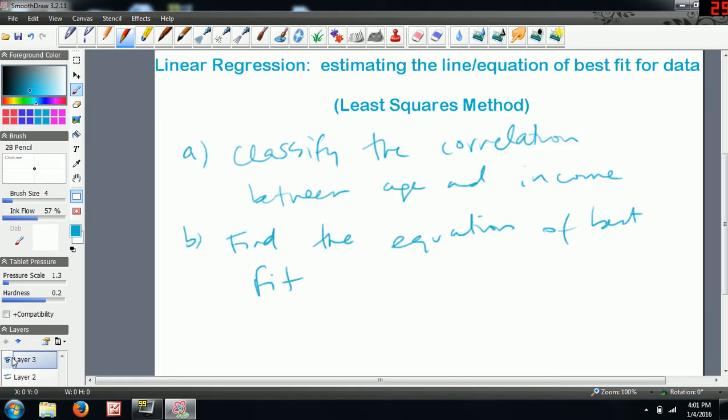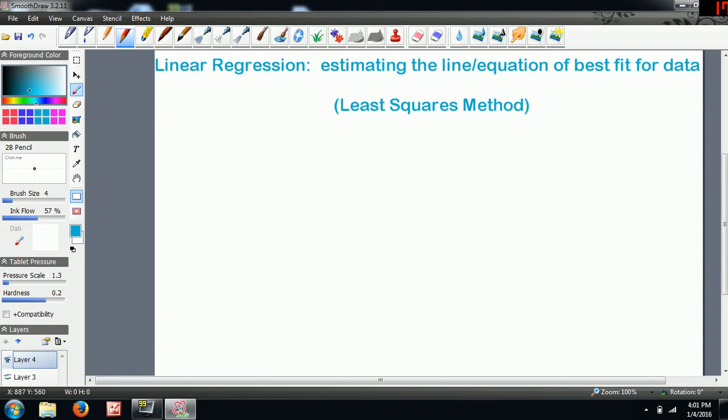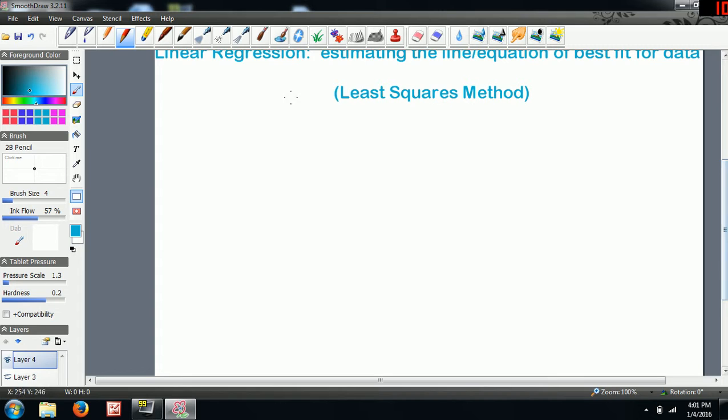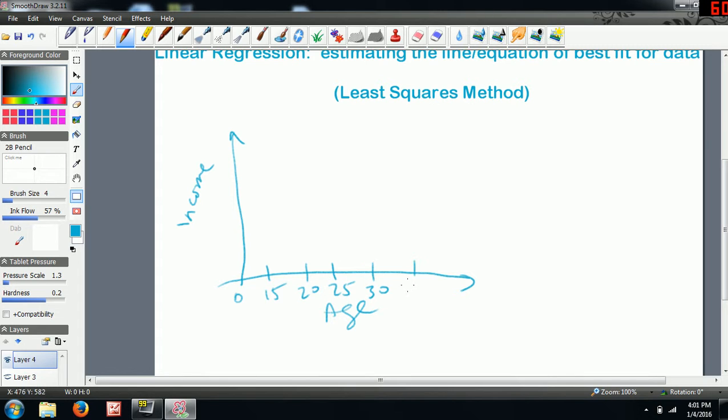So let's go ahead and do that. If we were to figure out the relationship between income and age, graphing on a normal grid, we would have age along the bottom: 20, 25, 30, 35, 40, 45, 50, 55, and on this side we would have the income.